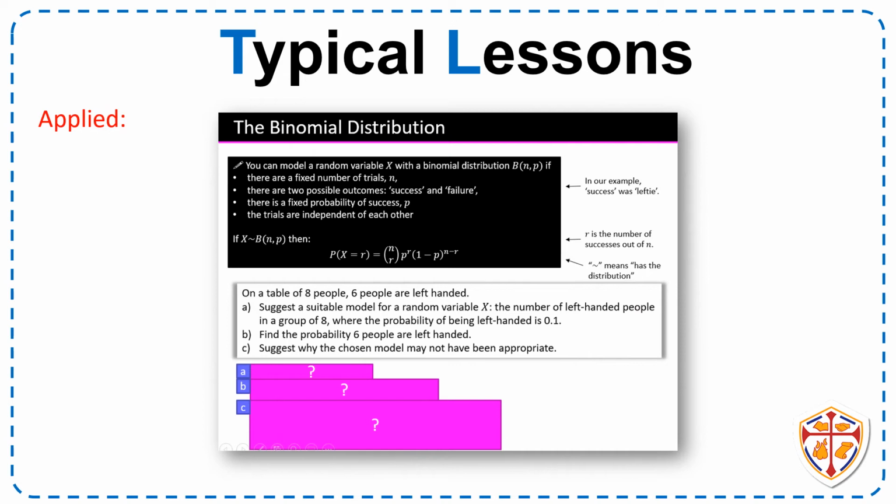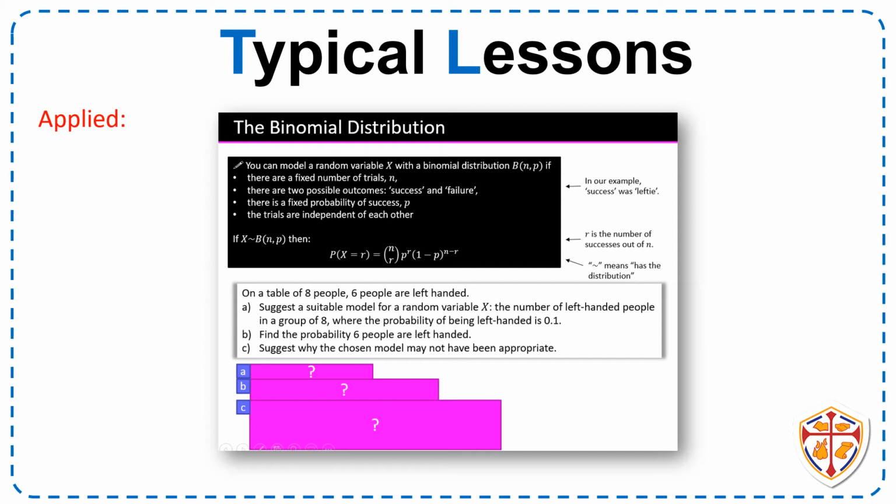This is a typical lesson in applied. It's called the binomial distribution, and what this allows us to calculate is the probability of all the combinations of an event happening. Now in GCSE you would have used probability trees, so you would have worked out the probability of each combination using the branches, and then you would have added those probabilities together.